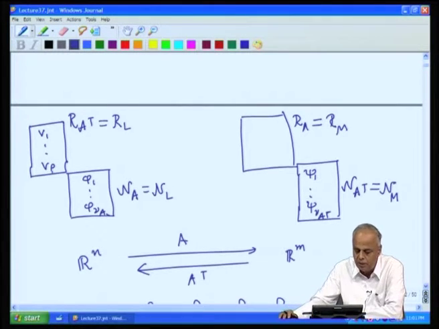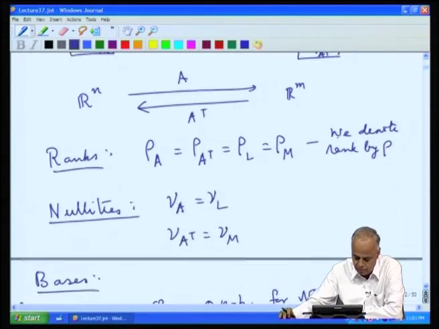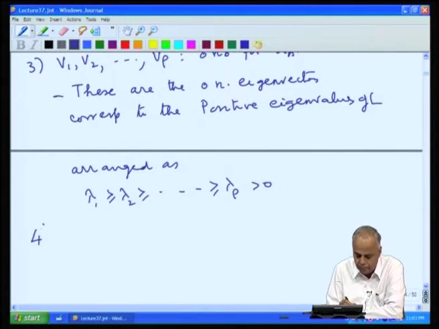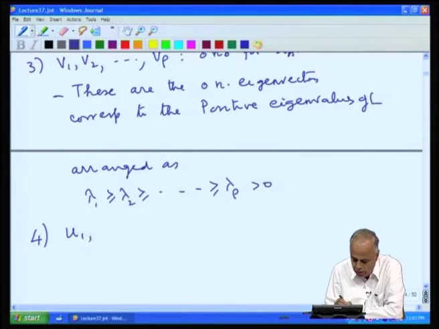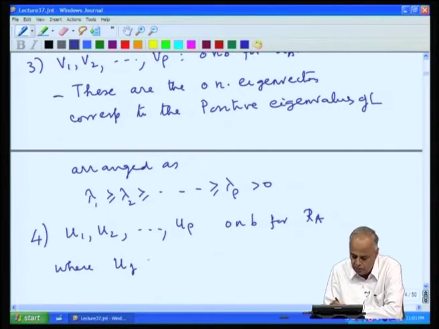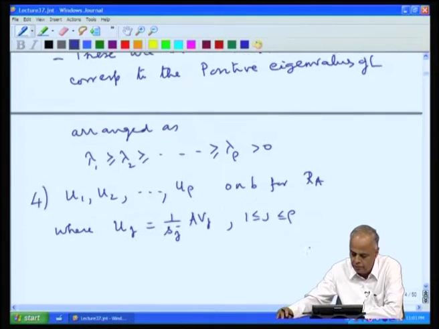Now, using this basis we generated the basis for the range of A. How did we get that basis? If you recall, we defined u 1, u 2, up to u rho, an orthonormal basis for the range of A, where u j is defined as 1 by s j times A v j for j equal to 1 to rho.